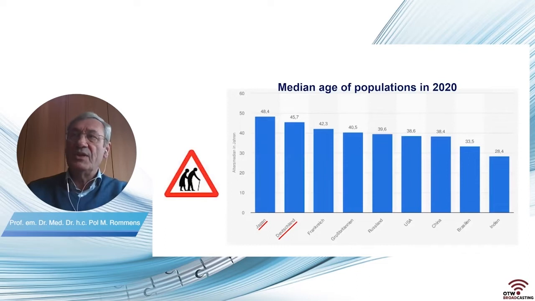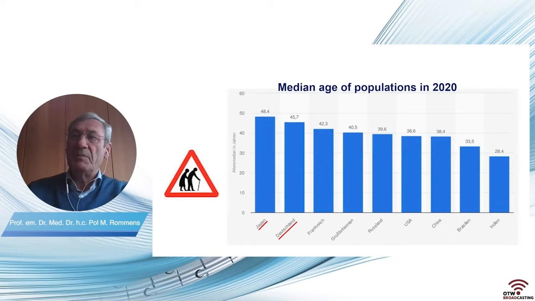When we focus on this, we have to think about the aging population in our industrialized countries. You see here the graphic of the median age of populations in the 2020s in large countries of the world. And you see that Japan and Germany have the oldest populations, which is 48.4 and 45.7 years of age.